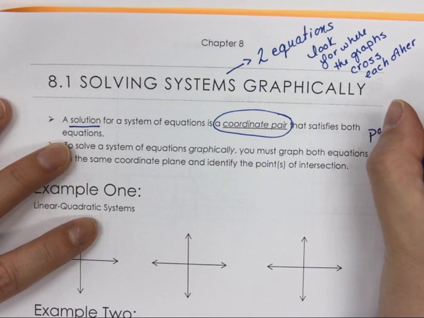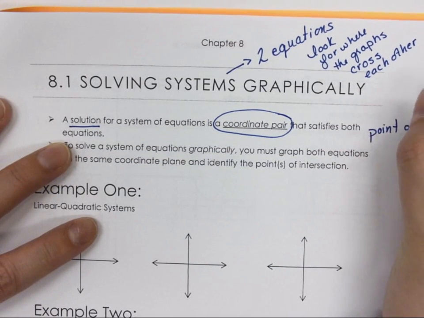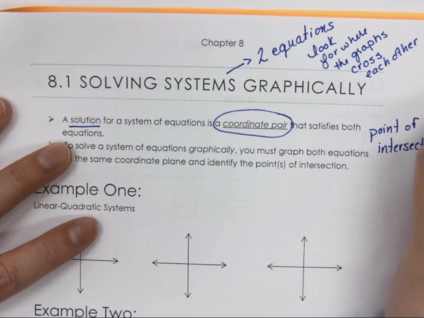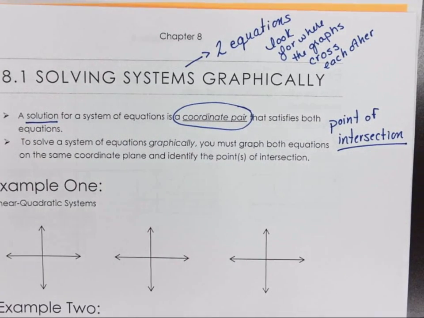So, point of intersection. The point of intersection is where the two graphs cross each other, and if it's a point, then that means it has a coordinate pair on it. Intercept with a C is where you cross an axis.